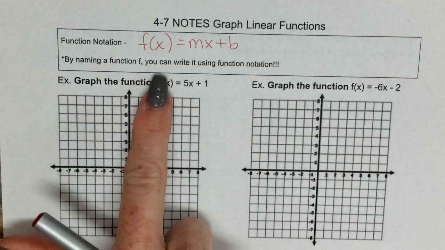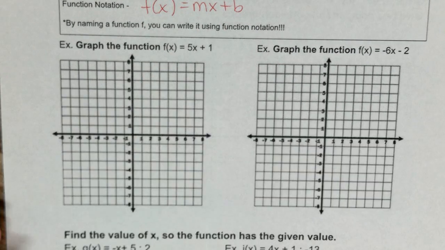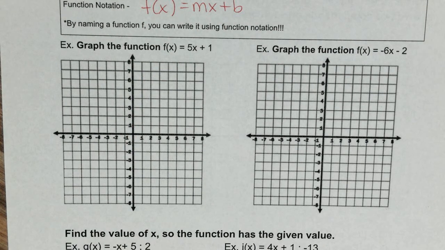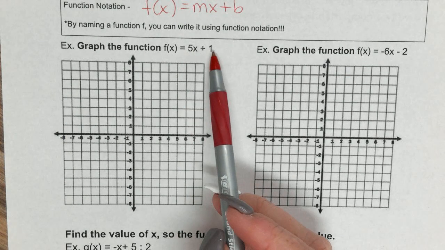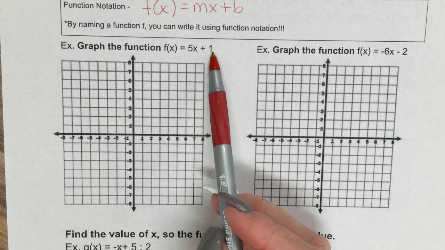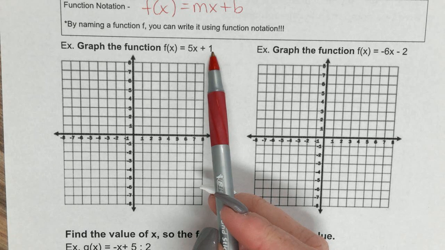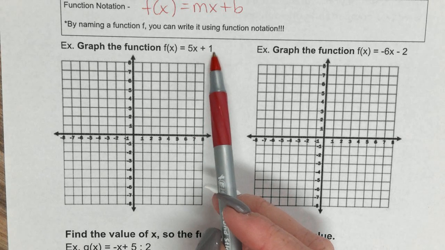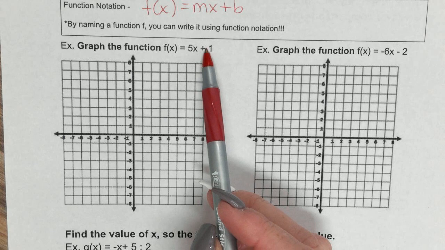All right, so let's graph the function f of x equals 5x plus 1. Since it's in slope-intercept form, can I graph starting on the y-axis at the intercept? Yes.